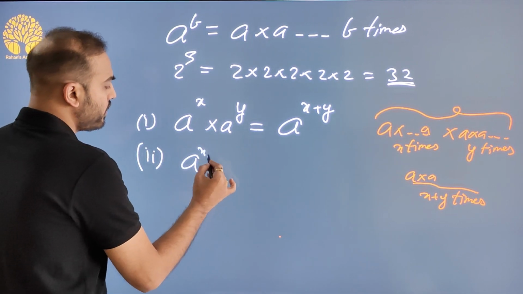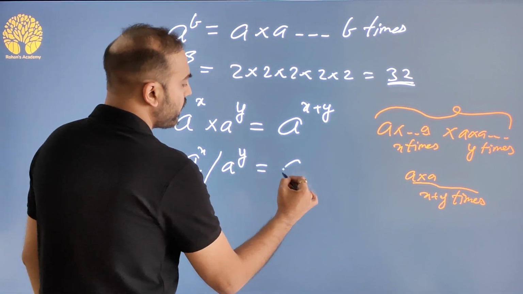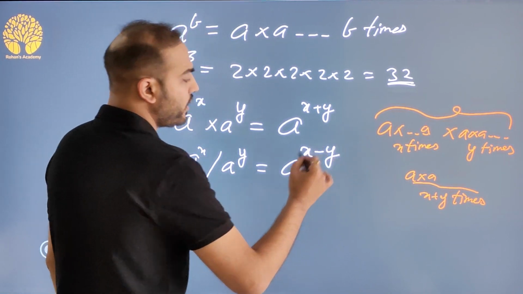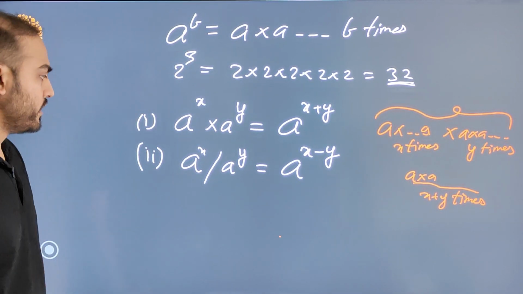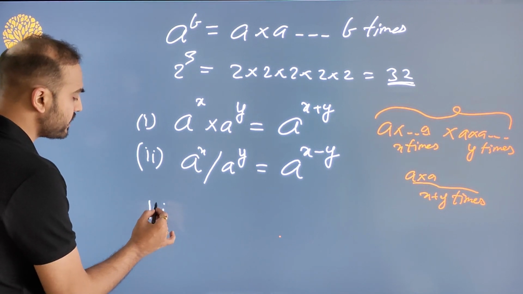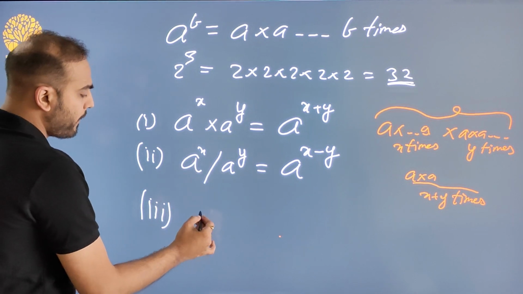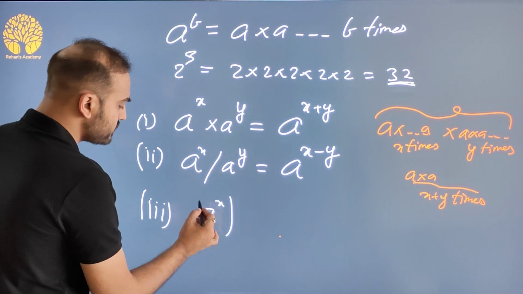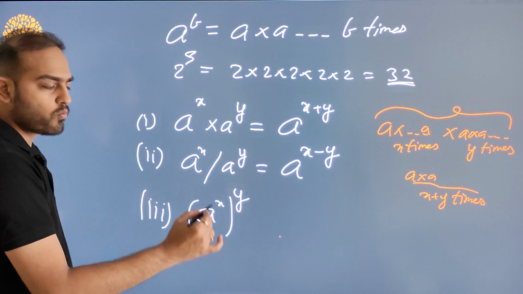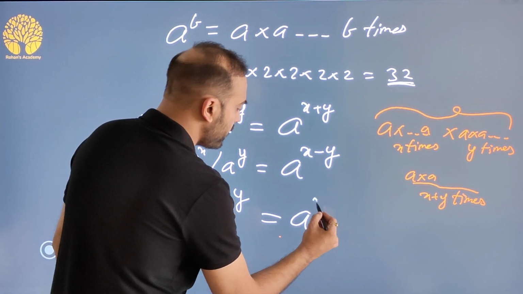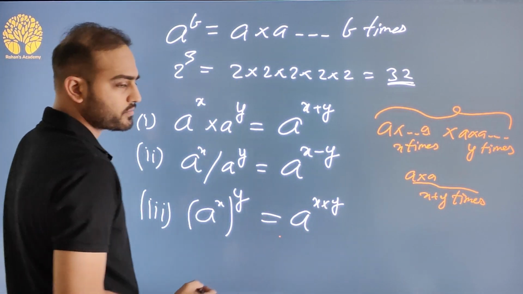Likewise, a power x divided by a power y is a to the power x minus y, which is the exact same explanation. Then we have a power x whole to the power y. This is a power x into y.